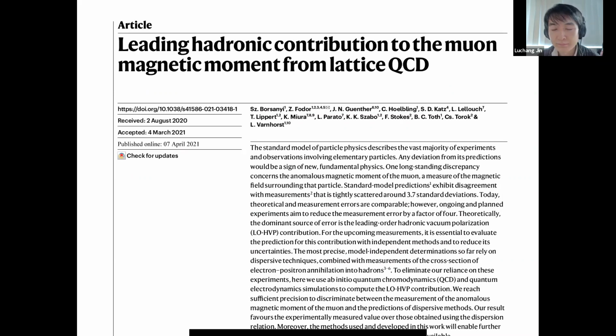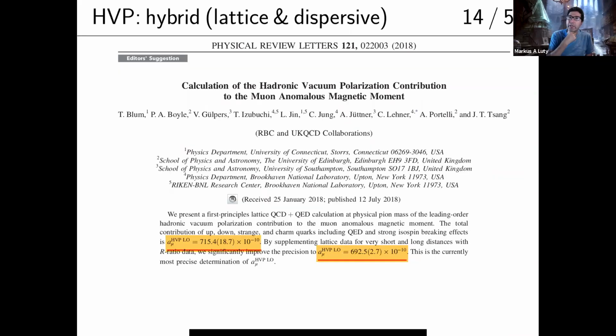More recently, can I ask a question? Maybe you're going to talk about this. My point of view is that it's incredibly important, and it would be very good, to have accurate results that you didn't have to combine from the lattice and from the experiment.